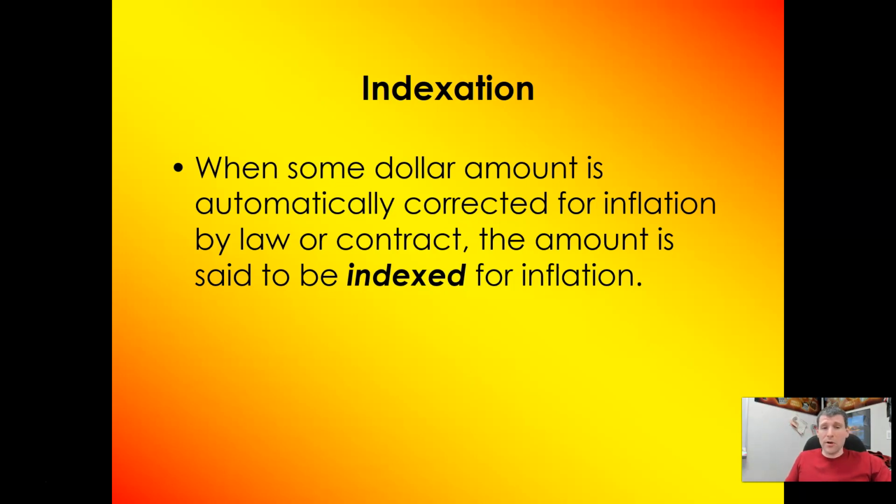So the starting salary your first year is $100,000, but it's indexed to inflation, and it's a 10-year contract. What that means is that as inflation changes, the salary will automatically move along with inflation. So let's say you start off with $100,000 and 5% inflation happens from the year you got hired to the following year.